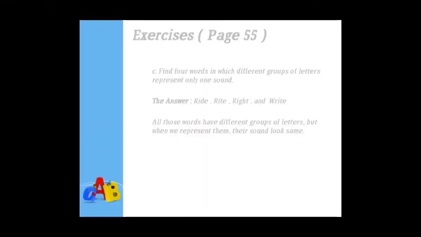Okay, I will answer question number 1 on page 55, option C. The question is, in order to become more aware of the differences between spelling and pronunciation, answer the following questions about English spelling. Refer to section 1. The question on option C is, find four words in which different groups of letters represent only one sound.